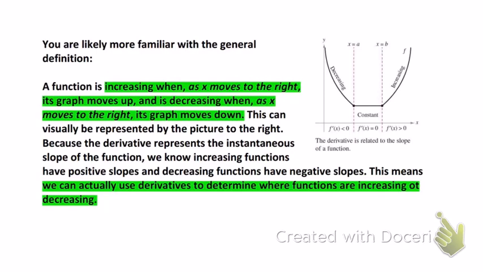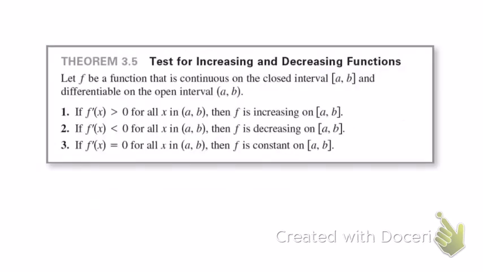So if the derivative is positive over an interval, you know the function's increasing there. And if the derivative is 0, guess what? It's constant. Okay, and so here's the test. What's it saying? If f prime of x, so if the derivative is greater than 0, meaning positive, right? Yeah, exactly what we just covered.